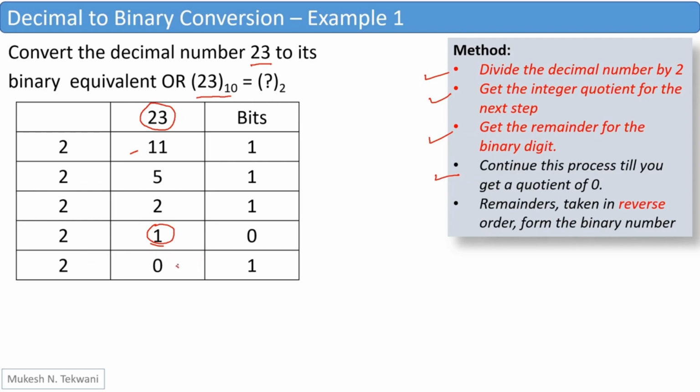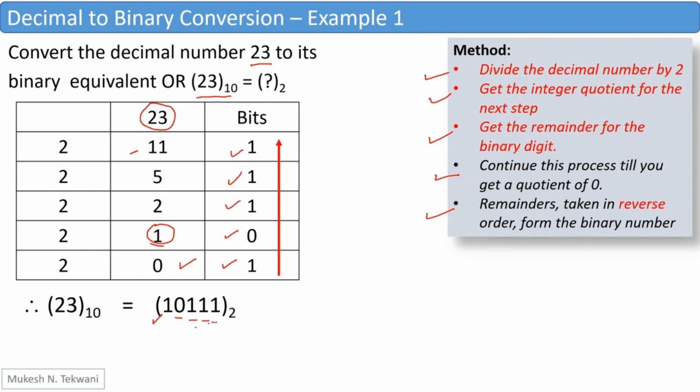Now you can observe that the quotient has become 0, so we will now consider the remainders in the reverse order, and our binary equivalent becomes 1. This becomes the most significant bit, then 0, that is our next bit here, then 1, 1 and 1. So those are the three remaining bits, and this becomes the binary equivalent. Now when we read this, we read it as 1 0 1 1 1.